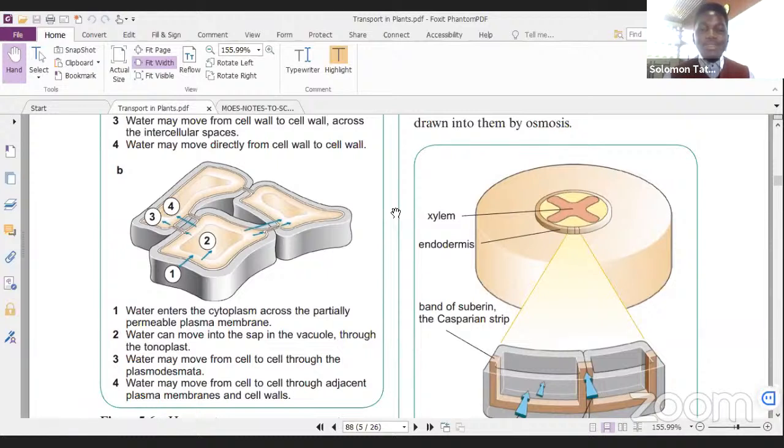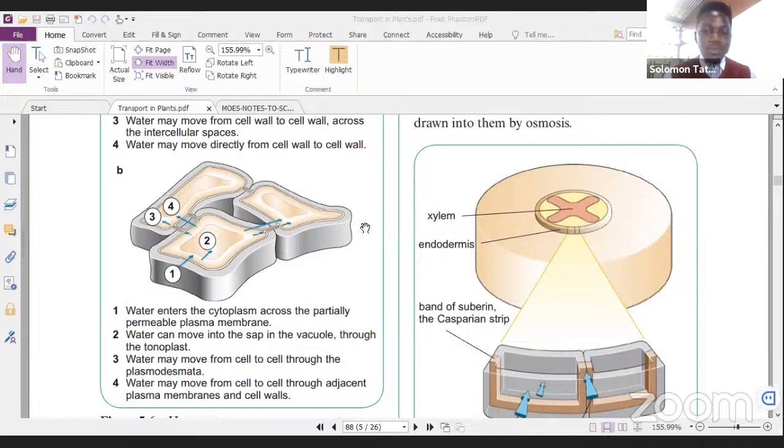Anyone? What are some of the things that water will meet on the way while using the vacuolar and the symplast pathways? Lillian says something. What is that? Okay.